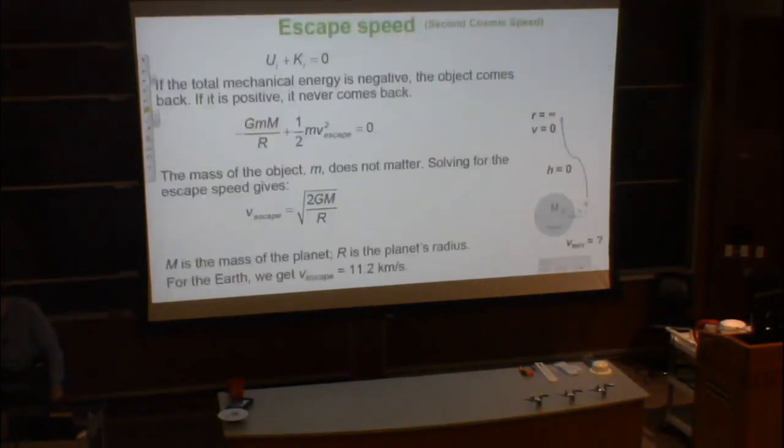And if we apply the law of conservation of energy, we just solve it. For a satellite which wants to escape the Earth, the speed should be about 11 kilometers per second.